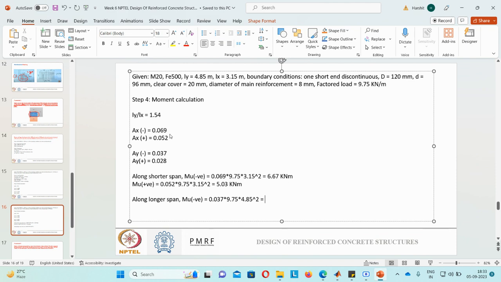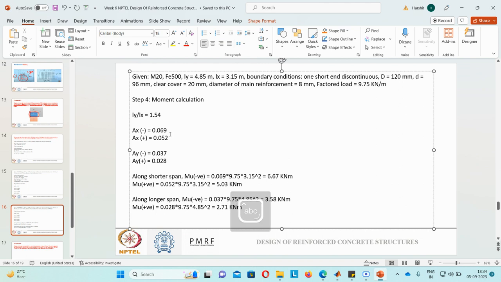Okay, so it will come out to be 3.58 kilonewton meter, and Mu positive will come out to be 0.028 into 9.75 into 4.85 square. So it will come out to be 2.71 kilonewton meter.